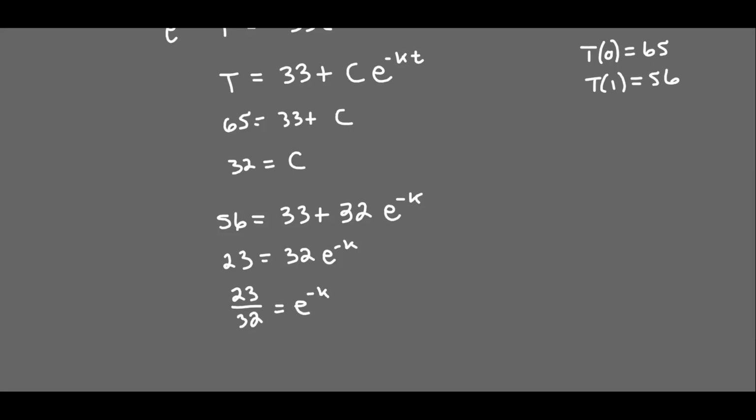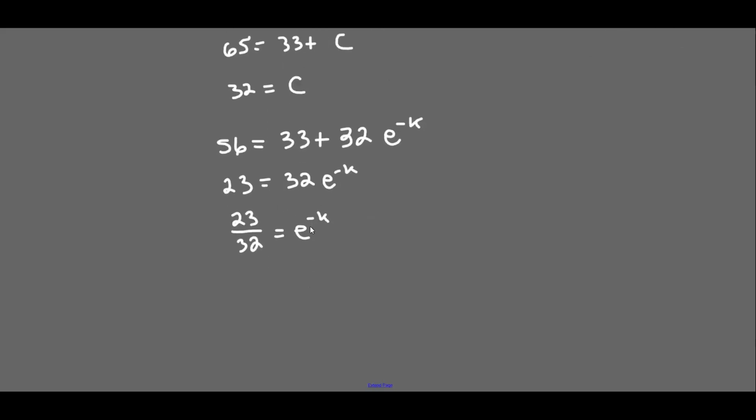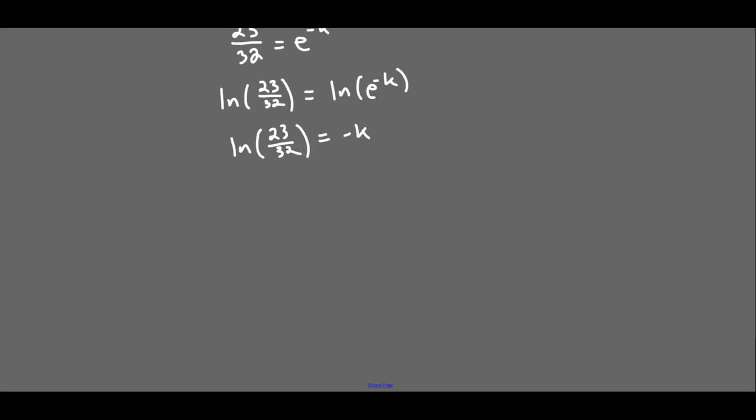Then, to get rid of the e, when you've got what you want to solve for in the exponent, you can use natural log. So let's take natural log of both sides. That just leaves us with a negative K. And then multiply by negative 1.